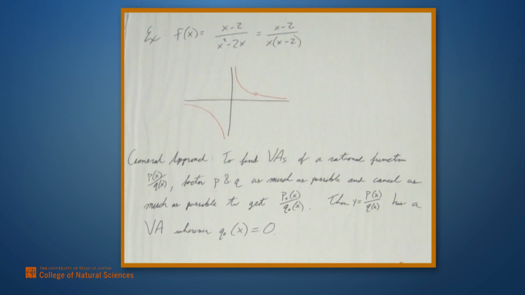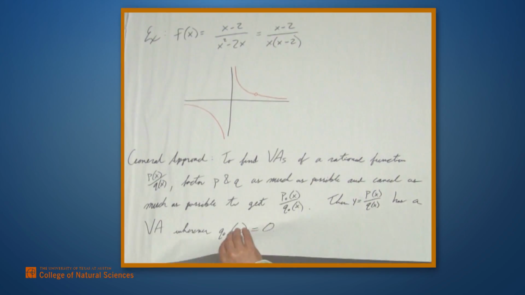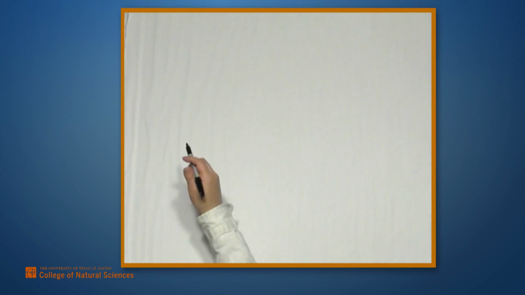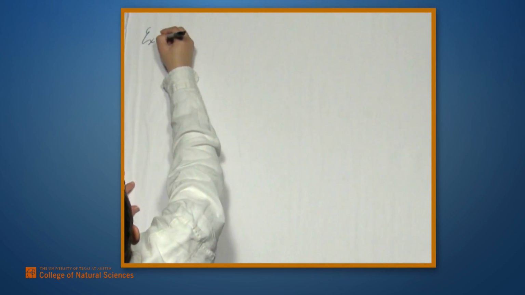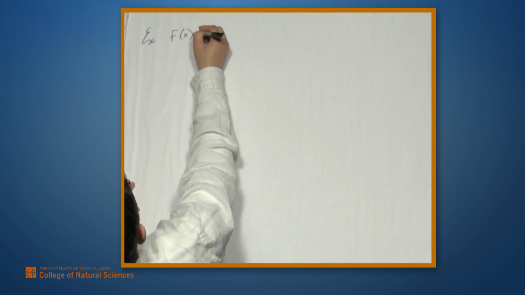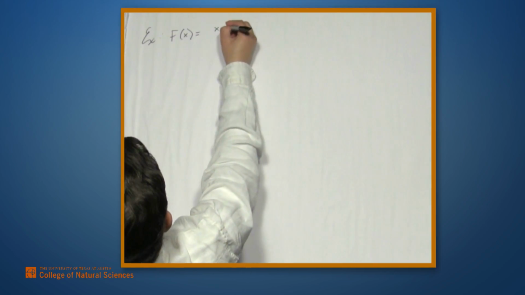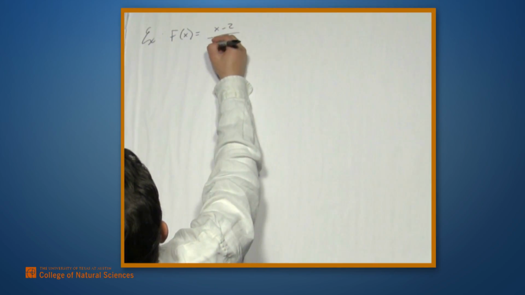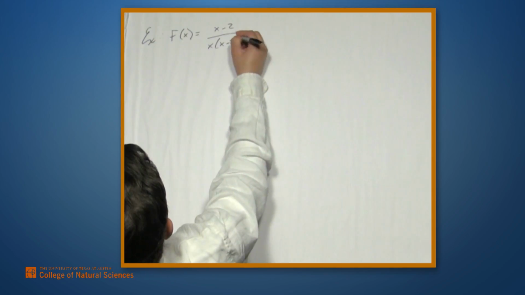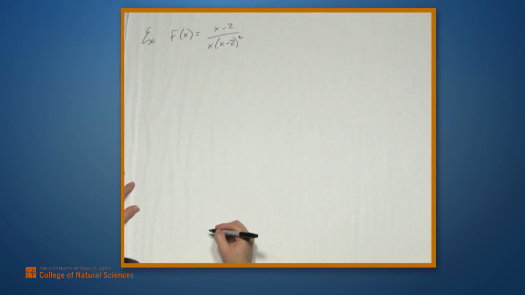Let's take a look at one more example. This time, let's set f of x equal to x minus 2 over x times x minus 2 squared.